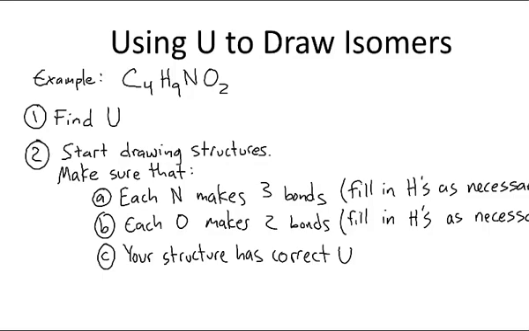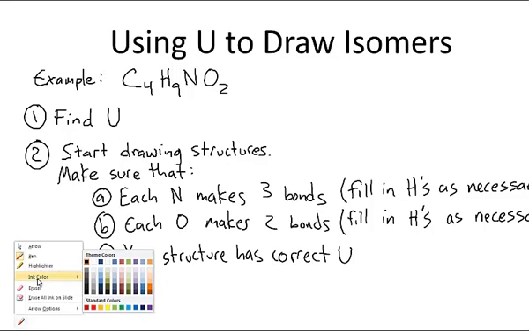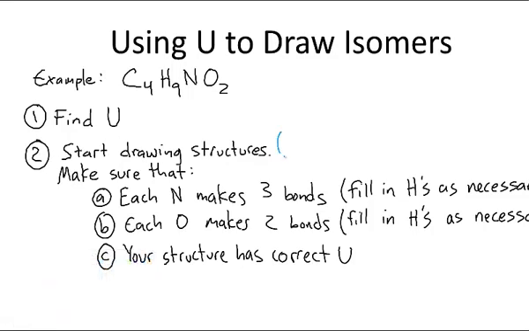And you can draw them as skeletal structures and not have to bother drawing out all the hydrogens, except for the ones on nitrogen and oxygen. The beauty of unsaturation number is you shouldn't have to count your hydrogens. See what you can come up with. I'll bet there's hundreds.